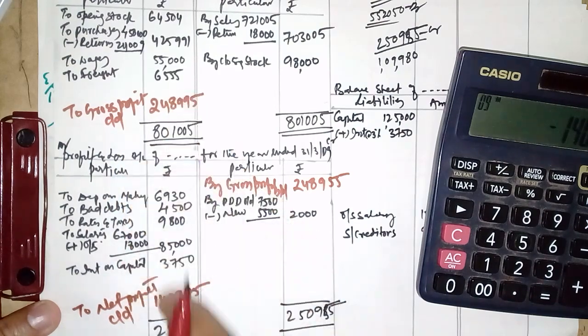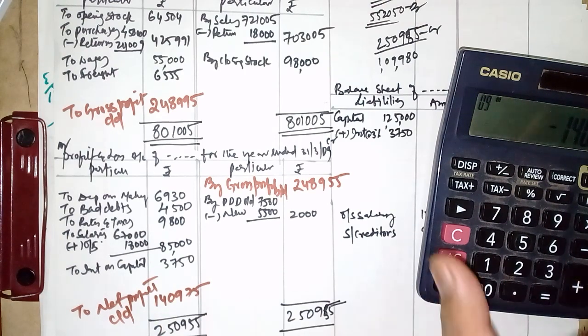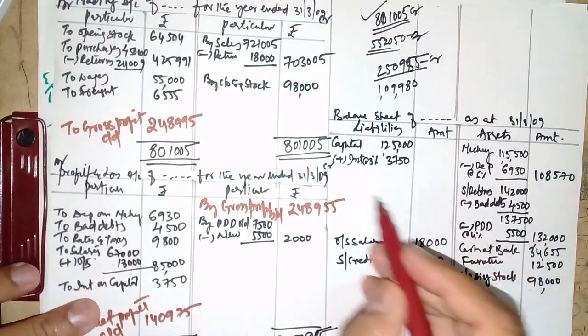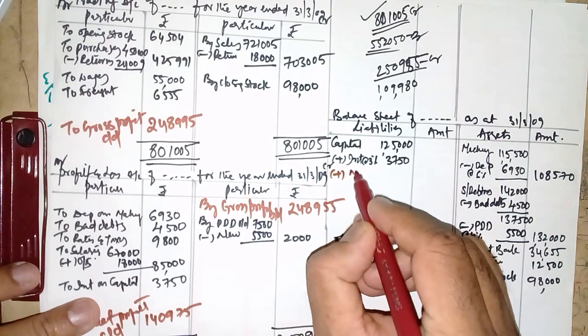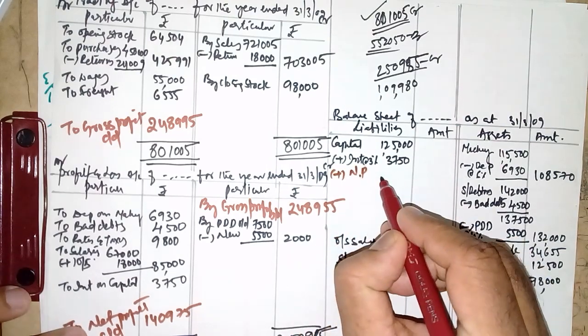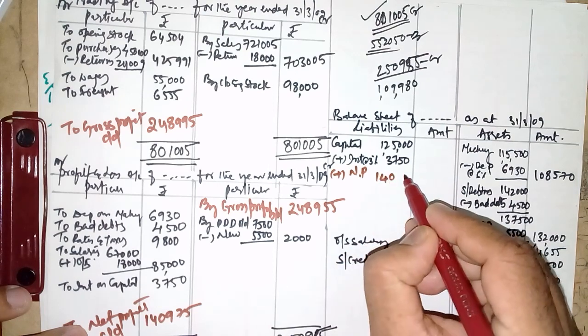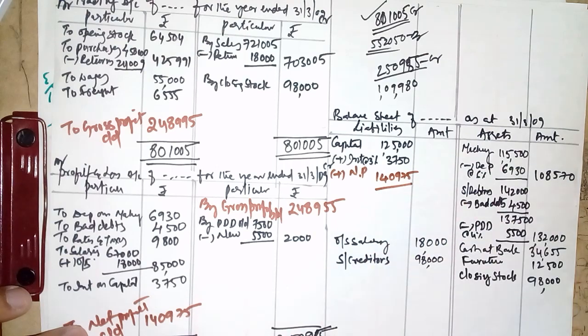How did we get these values? Gross profit and net profit while balancing the ledger account. See, this is called balancing figures. So once you get net profit, the net profit should be added to capital. So here we will add net profit. How much? 1,40,975. Then make the summation and write down in the outer column.